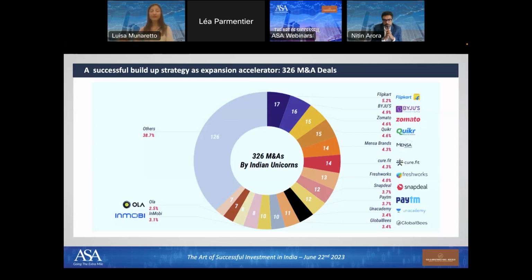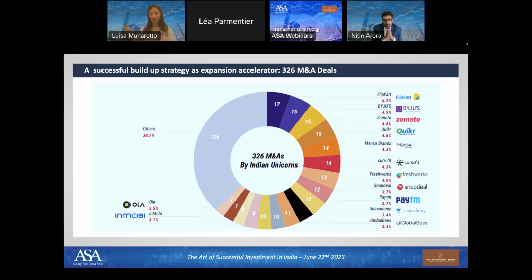So this is a very important point, because for example, in Europe, we have companies which are making build-ups, but not at that speed, and not with the same availability or the same view about the startups. So it's very important to understand that the dynamic of the unicorn development is slightly different from Europe, in which organic growth plays a very important role for different reasons.